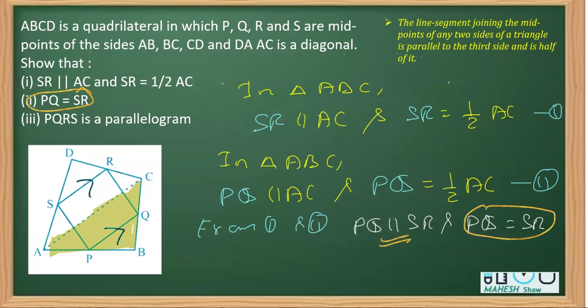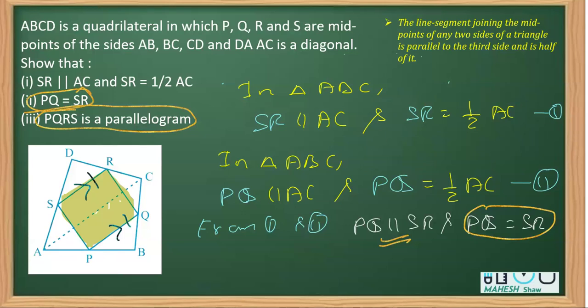The reason is that in the next part, we have to prove this figure, the quadrilateral PQRS, a parallelogram. As you must know, when you prove the same pair of opposite sides equal as well as parallel, then it becomes a parallelogram. That is the reason why I wrote this.